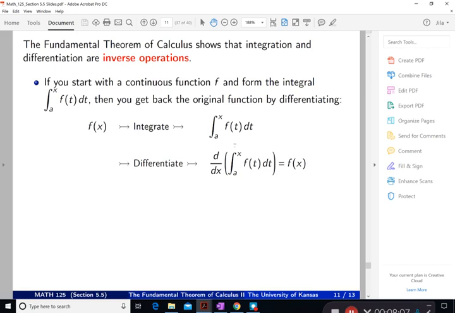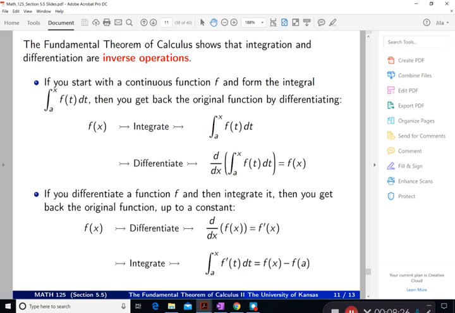We don't want to go from function to value at one point. So that's f of x, integrate to get the area function, the integral from a to x of f of t dt. Then differentiate that, and you go back to f of x. And that's what we actually discussed to be the inverse relationship.